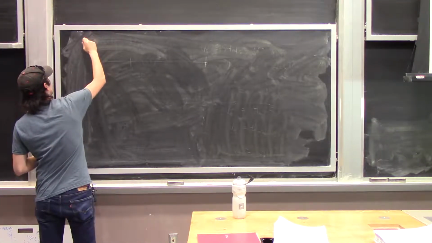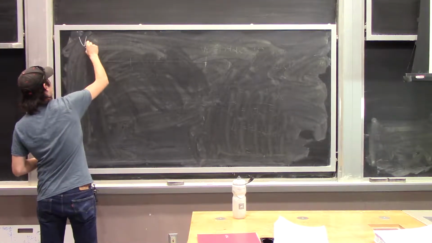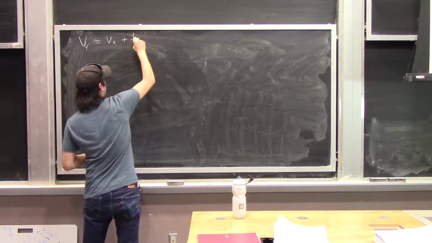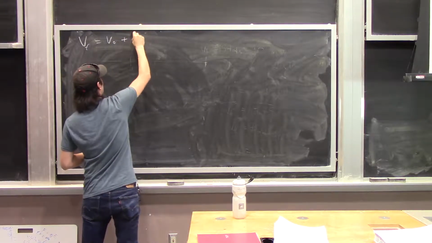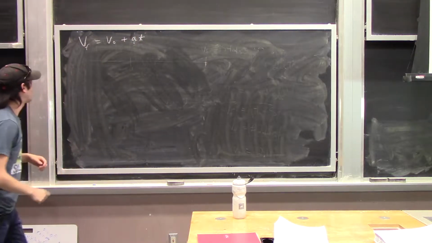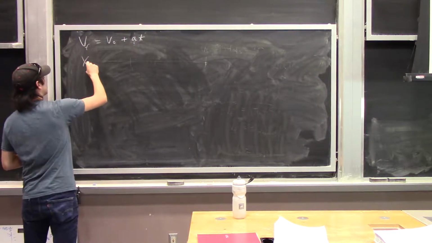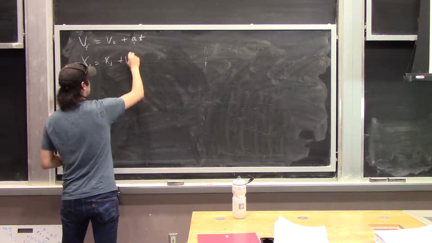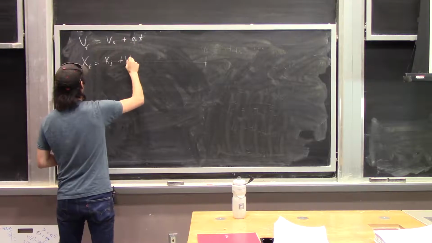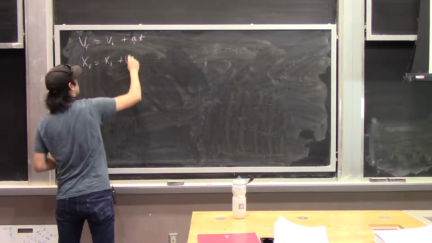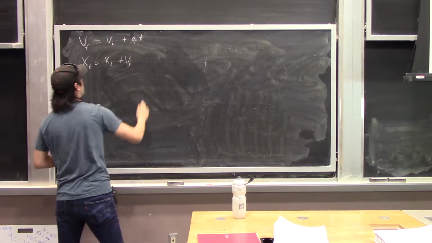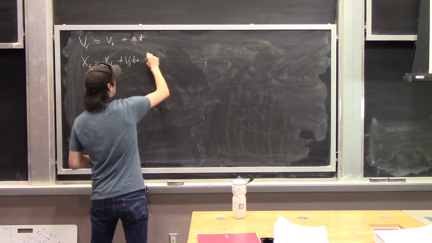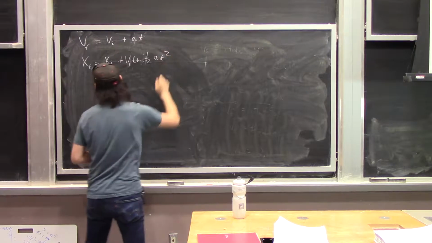So the first equation says that Vf is equal to V0 plus A times T. The second says Xf is equal to Xi plus V not, and actually they usually use i's here, so I'll try to be consistent with the notation, Vi T plus 1/2 A T squared.